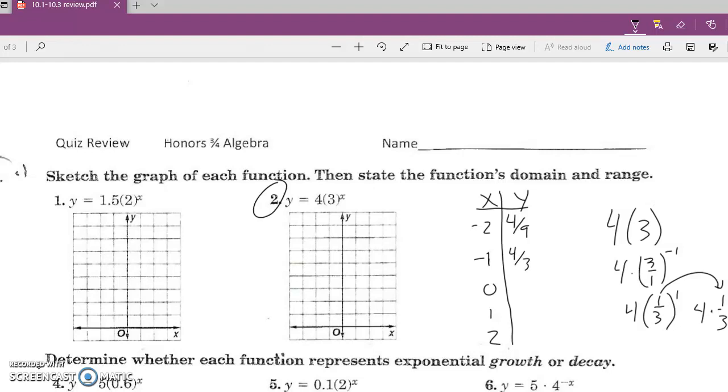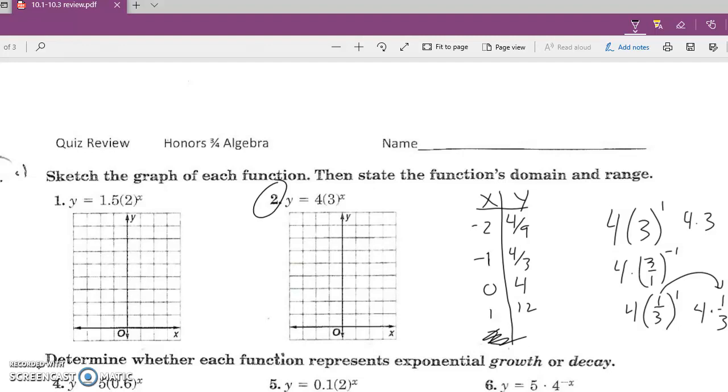When I plug in a 0, anything to the 0 power is 1, so it would just be 4 times 1, which is 4. When I plug in 1, I would get 4 times 3 to the 1, which is basically just 4 times 3, which is 12. And by that time I'm already off the graph, so I don't even need to plug in 2.